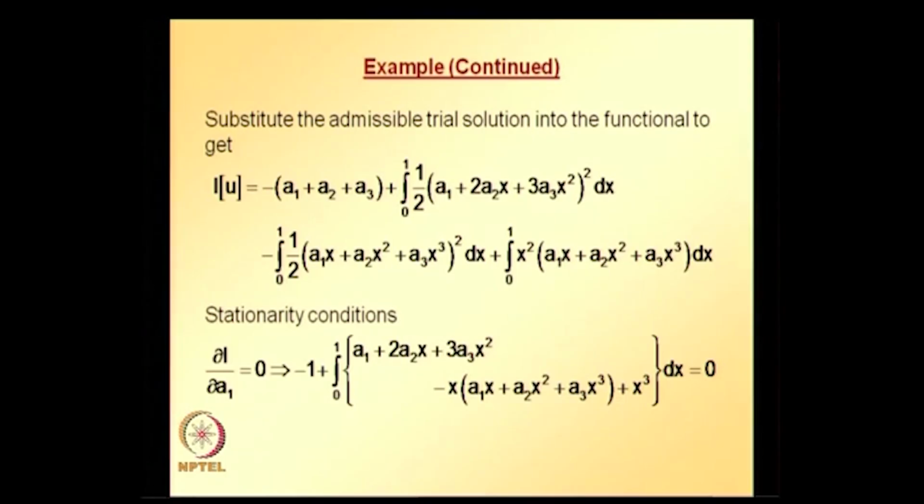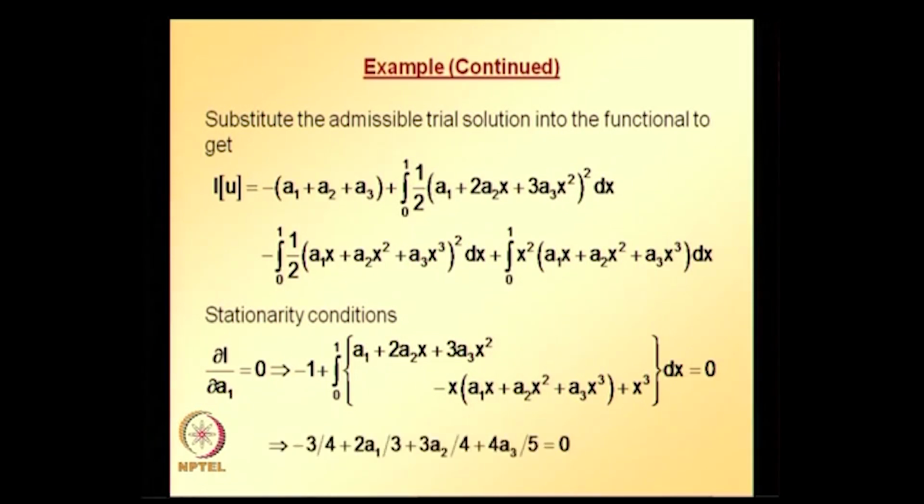We have the equivalent functional, and variation of I equal to 0 is satisfied if each of these conditions is satisfied: partial derivative of I with respect to a1 is equal to 0, with respect to a2 is equal to 0, and with respect to a3 is equal to 0.